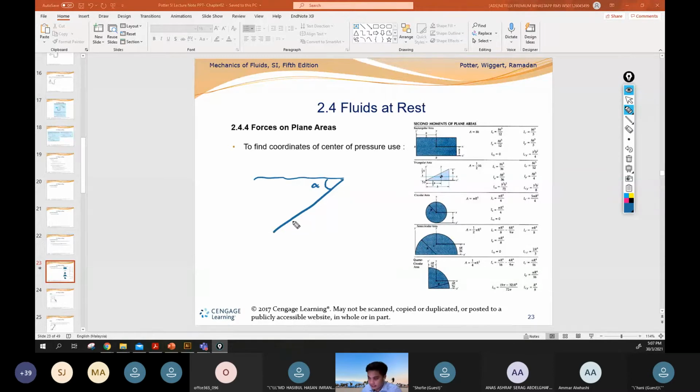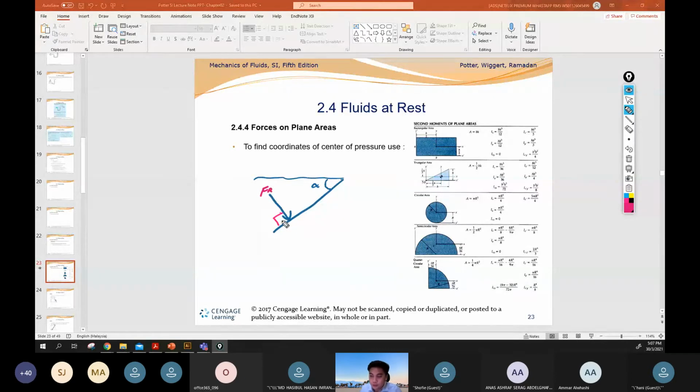The resultant force acts here. Based on the plane, the resultant force should be perpendicular to it. So what does perpendicular mean? You can see the angle. So from here, you can label the resultant force, which is Fr. Fr is the resultant force.